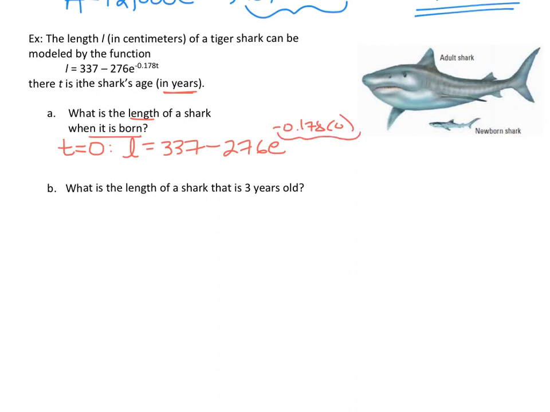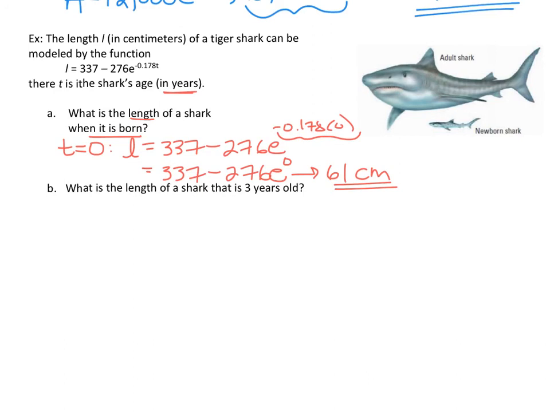Well, 0 times anything stays 0, so that becomes 337 minus 276 e to the 0 power. You should be able to type that all in at once. There are no parentheses on this one. And if we do that, the tiger shark would be initially 61 centimeters long. That's the length of a tiger shark when it's born, on average.